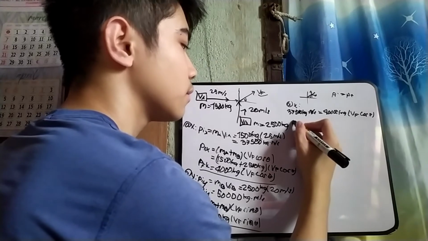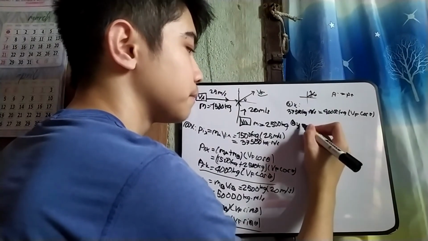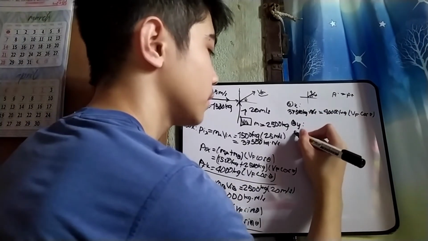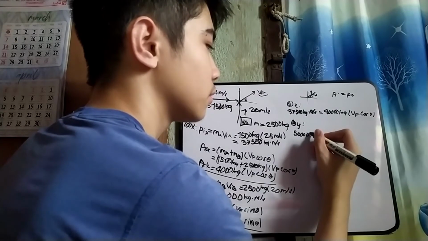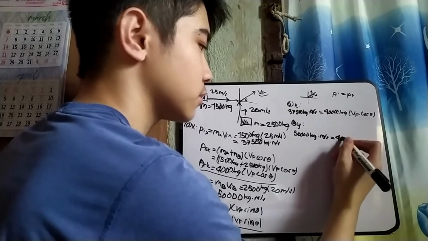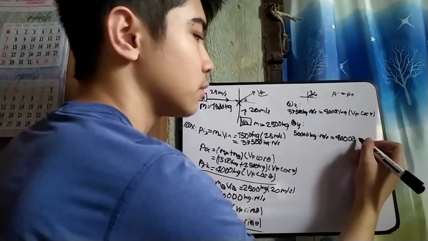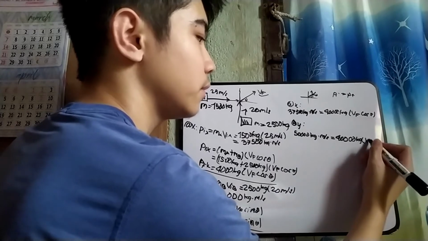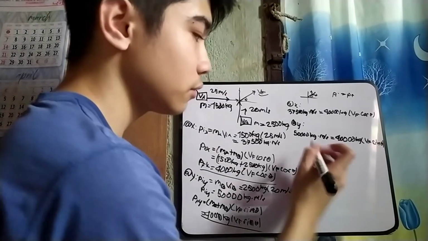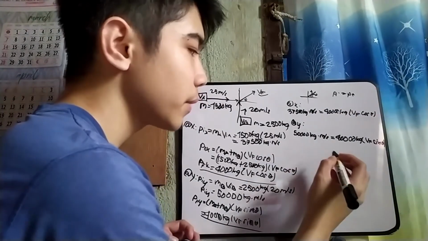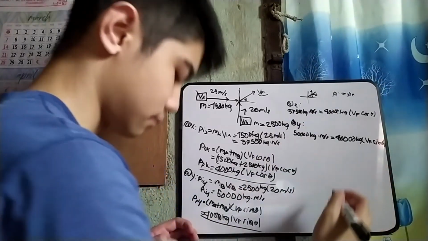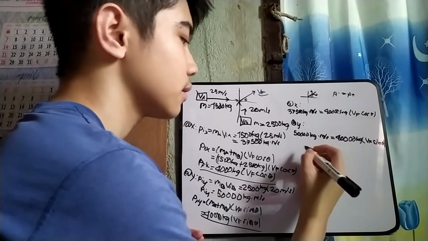Then at y, the initial momentum, 50,000 kilogram meter per second, is equal to 4,000 kilograms multiplied by V final sine theta. So, these are our two formulas, and we can now get theta from them.